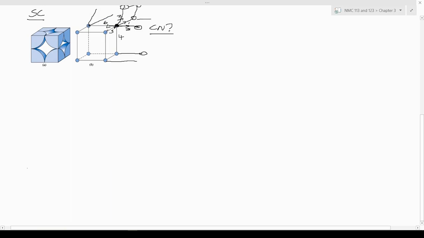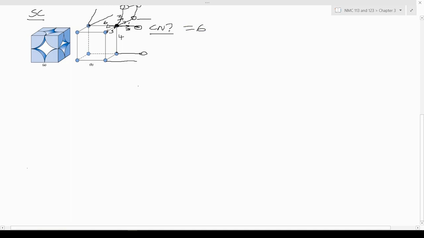So you'll see 1, 2, 3, 4, then 5, and then 6. Those are the nearest touching atoms for this particular reference atom, which is a corner atom. So we have a coordination number of 6 in a simple cubic.